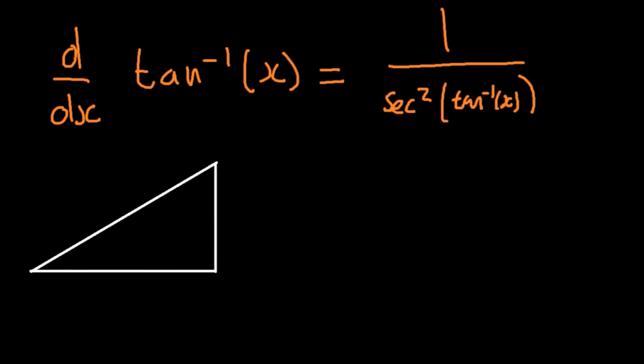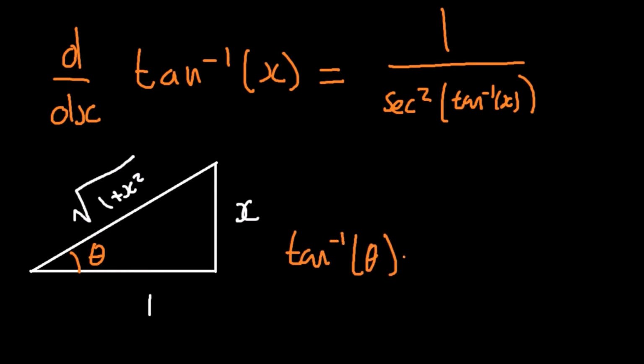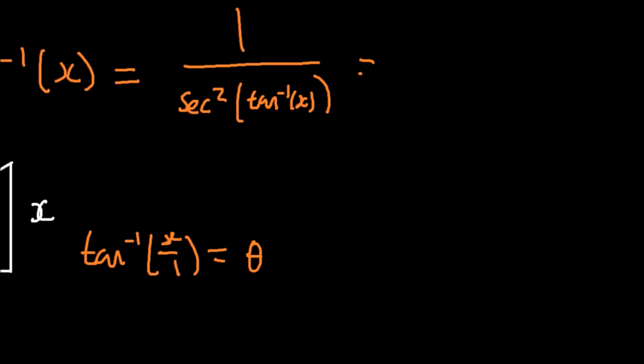So yet again, we draw out a right triangle, but this time it is the ratio of the opposite to the adjacent that is equal to the number x, so that the angle theta can become the inverse tan of x. When you flip the secant squared term in the derivative using the 1 over cos of x identity, then it becomes clear that the derivative of the inverse tangent of x is cos squared of theta, replacing tan inverse of x with theta.